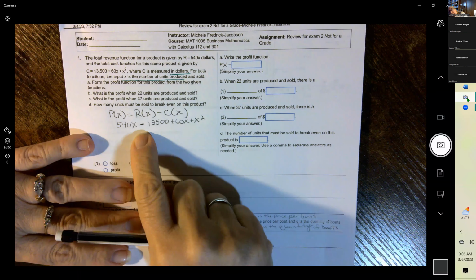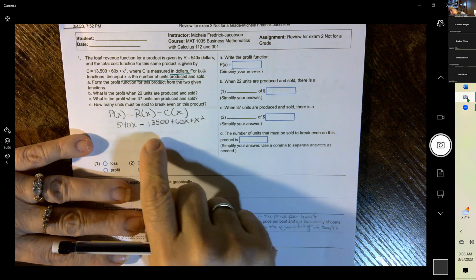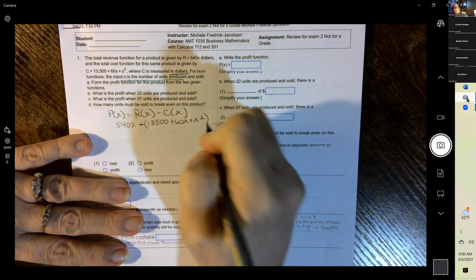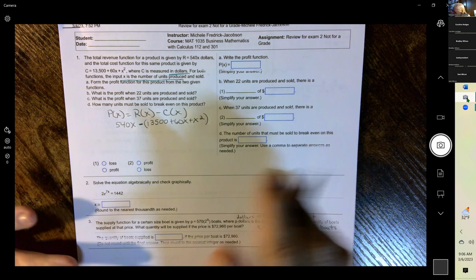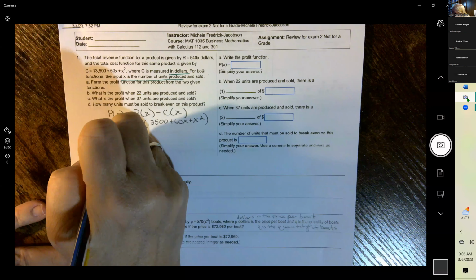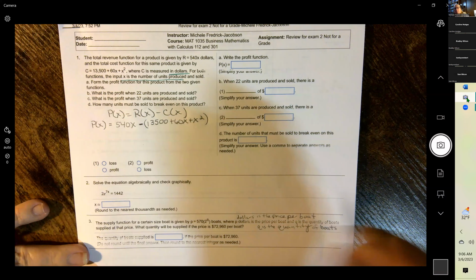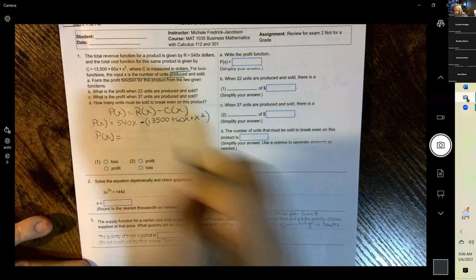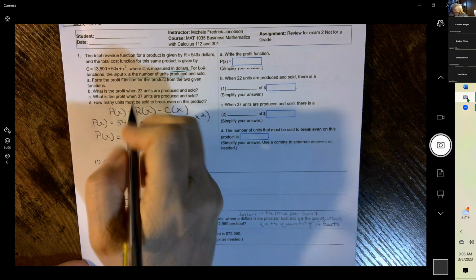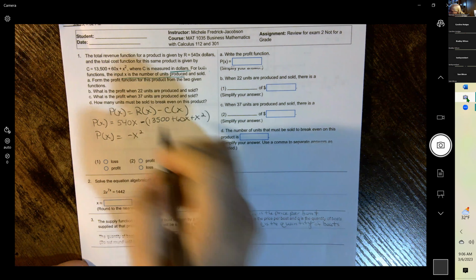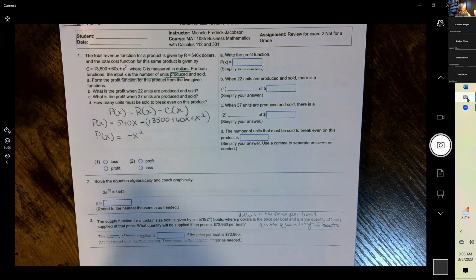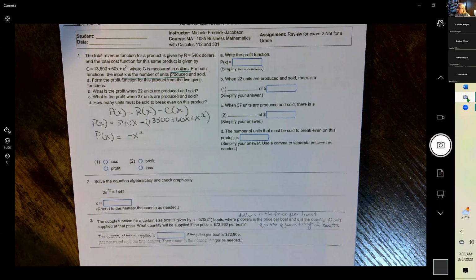this negative has to distribute. You're not just subtracting the 13,500. So make sure you put parentheses and distribute it. This will equal our profit. So a negative x squared, 540 minus 60x.